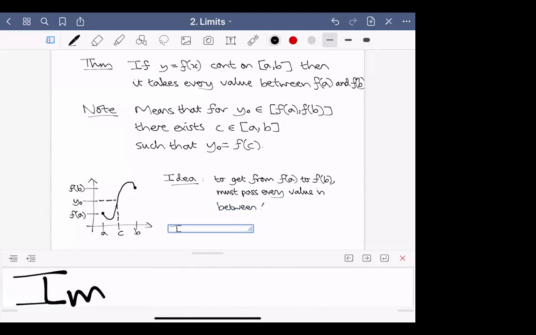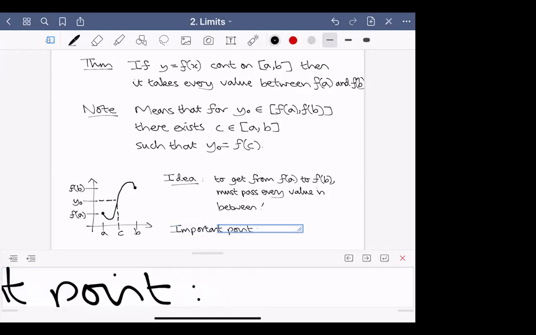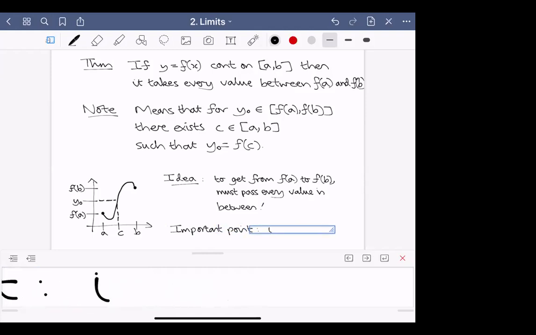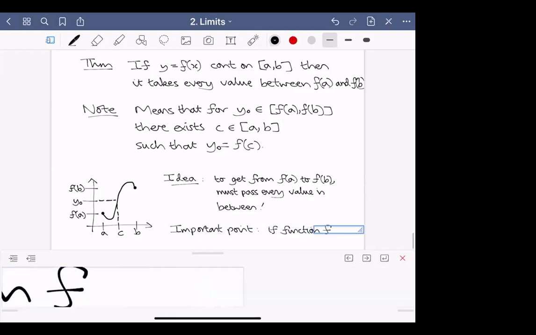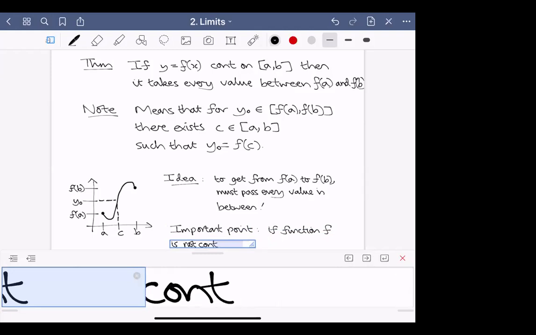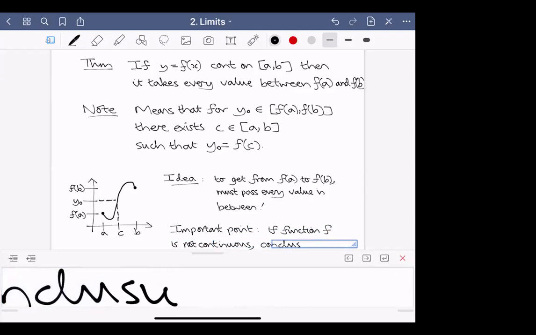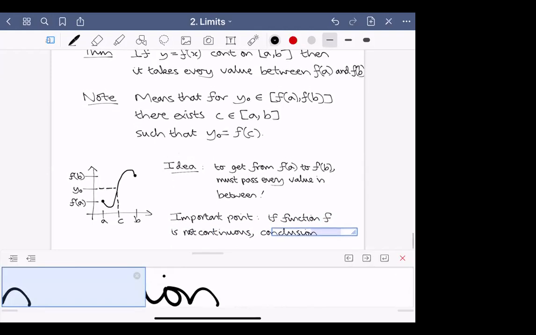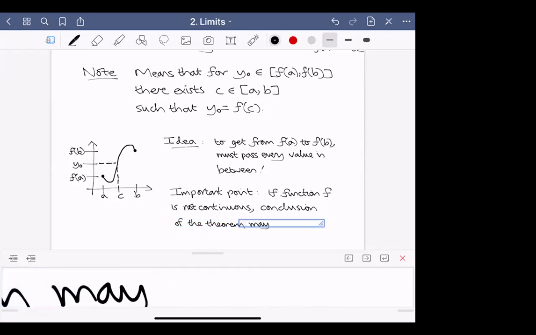So, but the important point: if the function f is not continuous, then the conclusion of the theorem may be false.